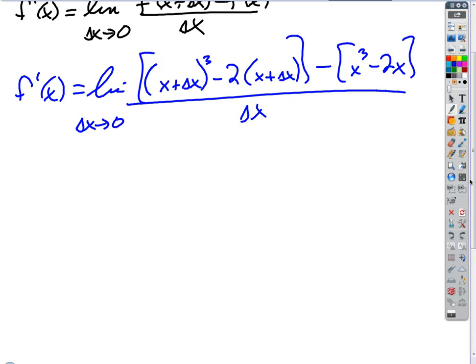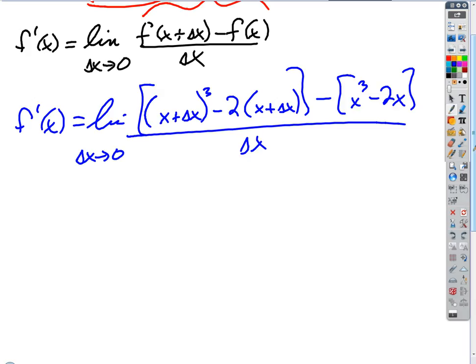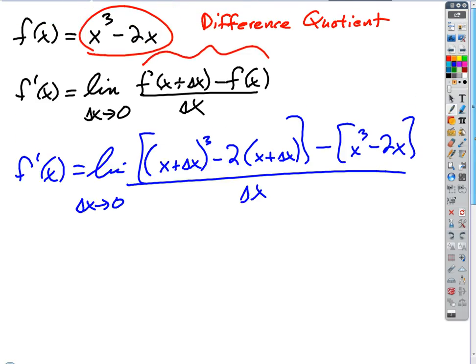Yes? Just a quick question, why is it that for the first part of the quotient you used the x cubed minus 2x function, but then on the minus you used the f of x?